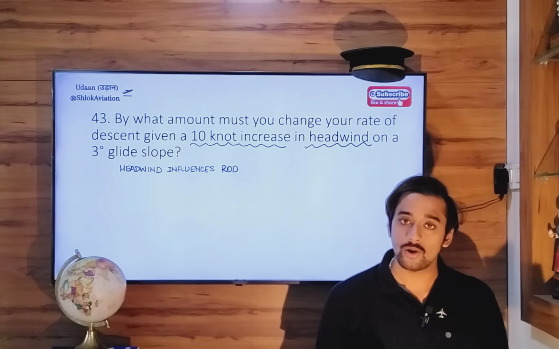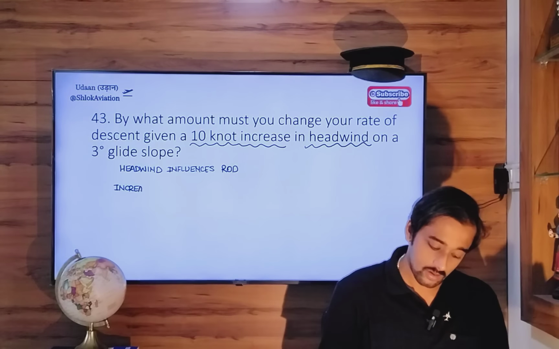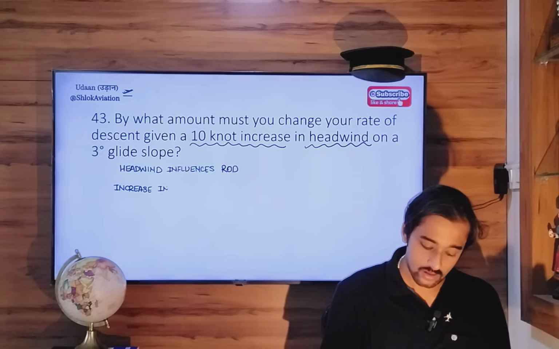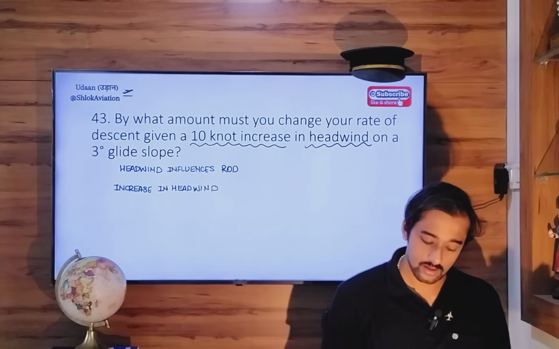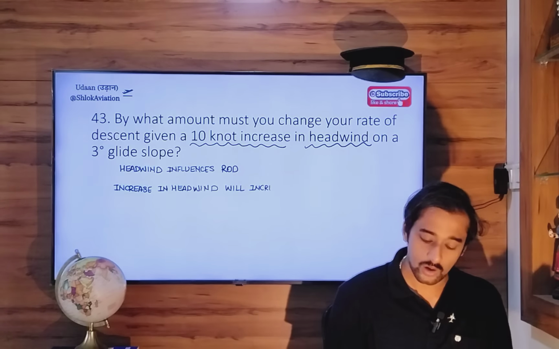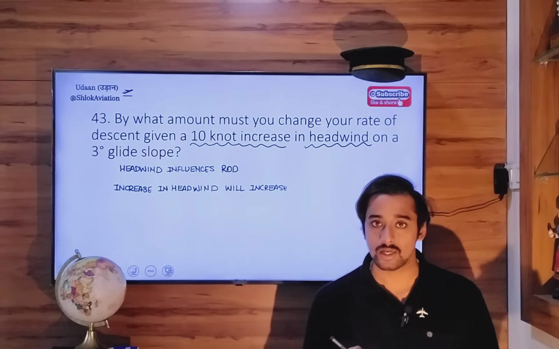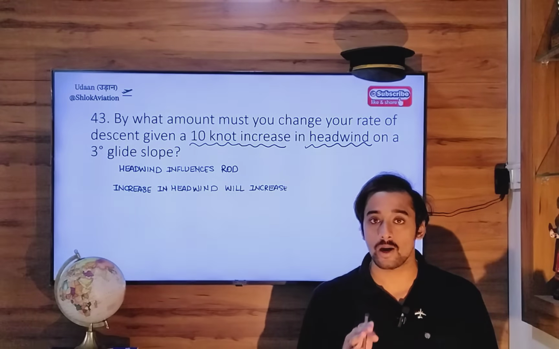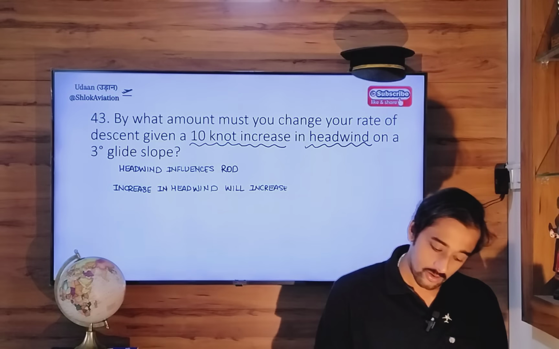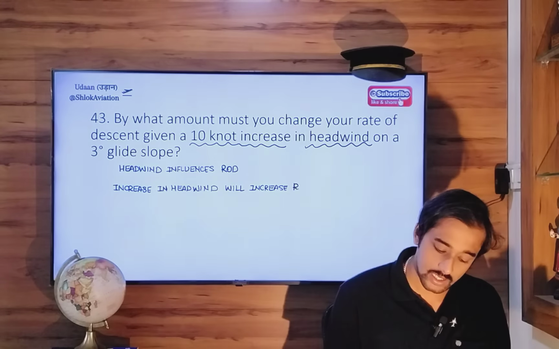So increase in headwind speed will increase your rate of descent. Means if the speed of headwind increases, the rate at which you are coming down or descending will also increase. That means you will come down at a much faster rate. So increase in headwind will increase rate of descent.